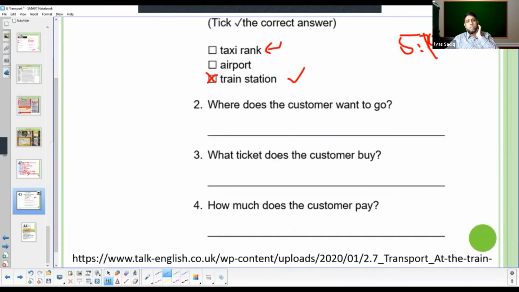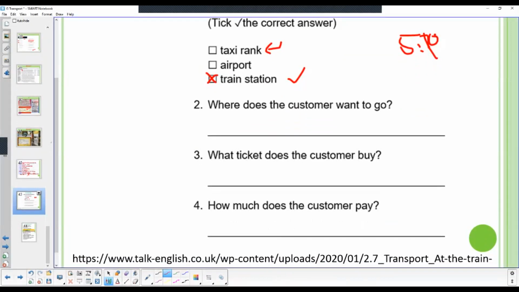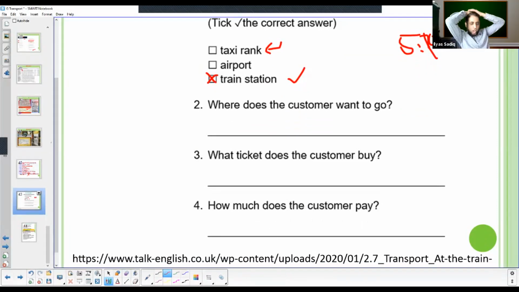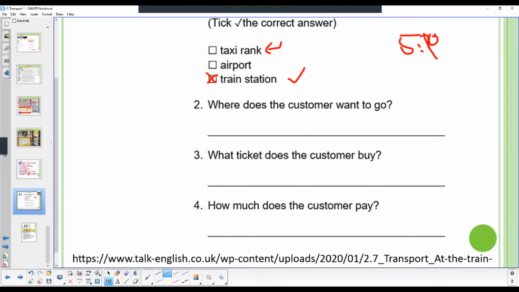Where does the customer want to go? Is she going in the city, or outside the city? I think it's in the city.